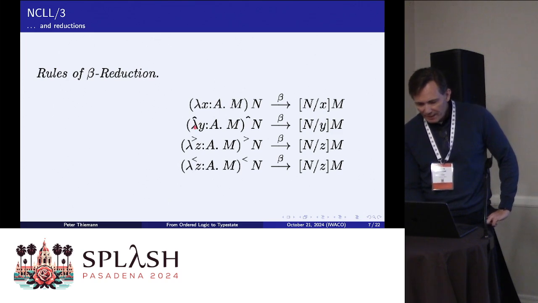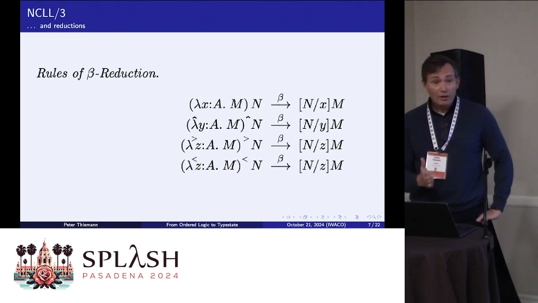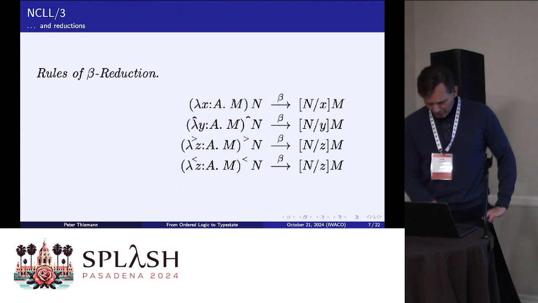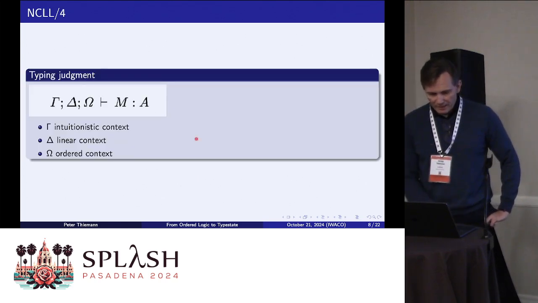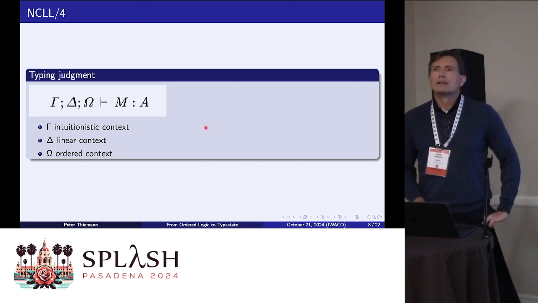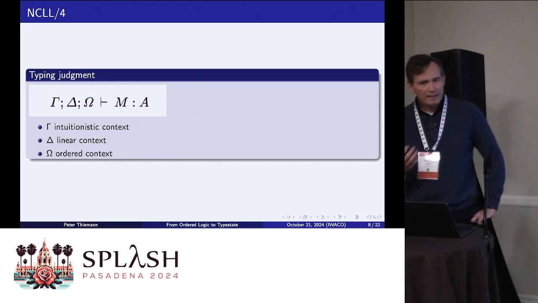And you also have different variables, x, y, and z. That's because in Jeff and Frank's paper, you have different contexts. The x's are the intuitionistic variables, the y's are the linear ones, and the z's are the ones that denote assumptions from the ordered context. So you have these 3 contexts, and you can really see it's geared towards a theoretical treatment.